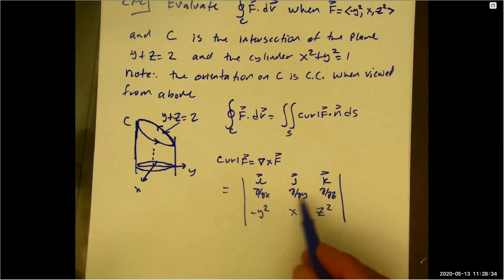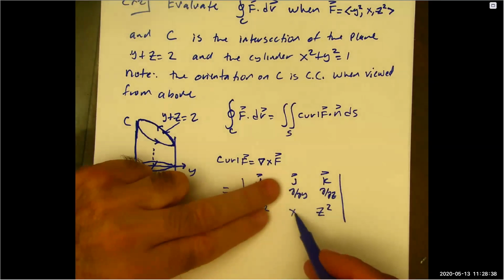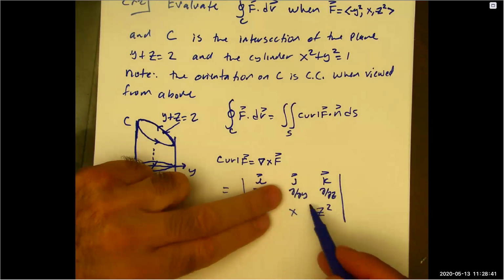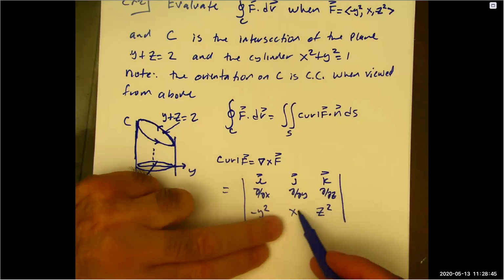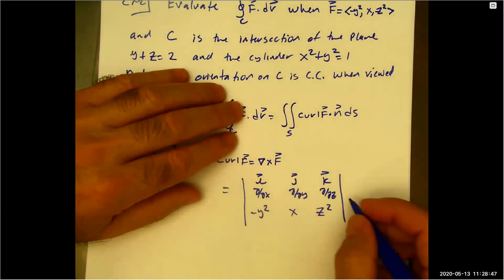Let's see what we get here. If we look at the first part of it, we're going to have 0. The partial derivative of z squared with respect to y is 0, and the partial derivative of x with respect to z is 0.